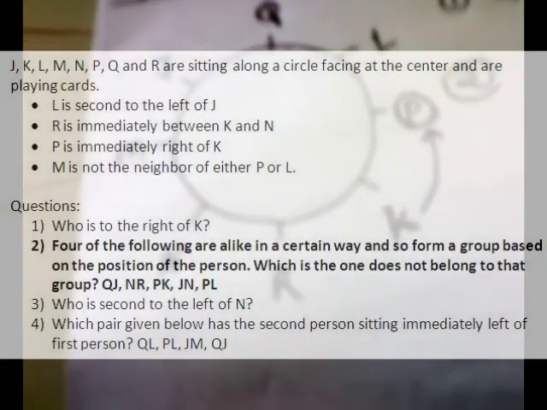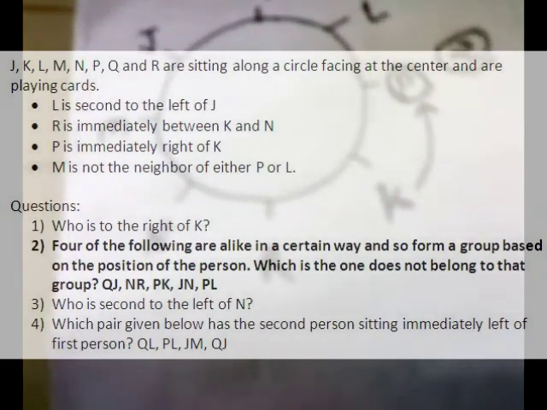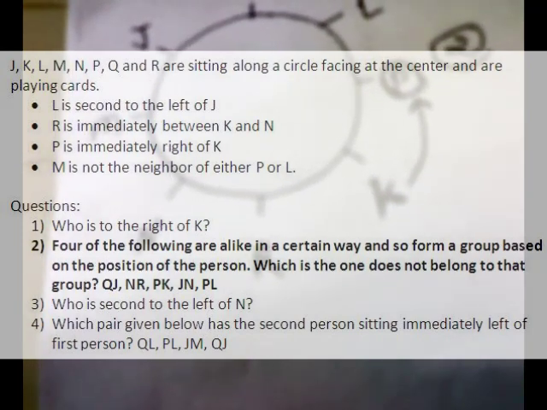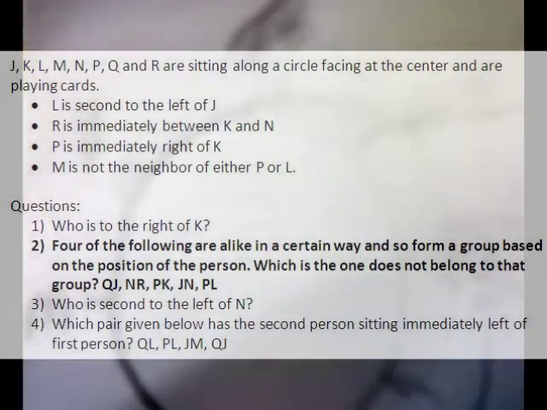Now read out the second question. The second question says, 4 of the 5 are alike in a certain way, and so form a group based on the position of the person, which is the one that does not belong to that group. And there are 5 options provided.